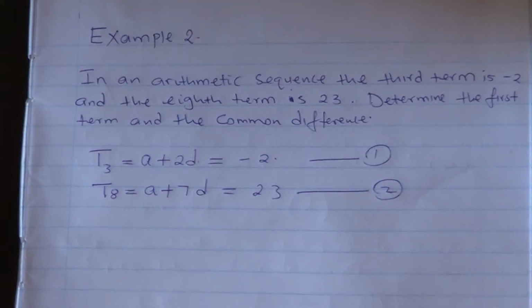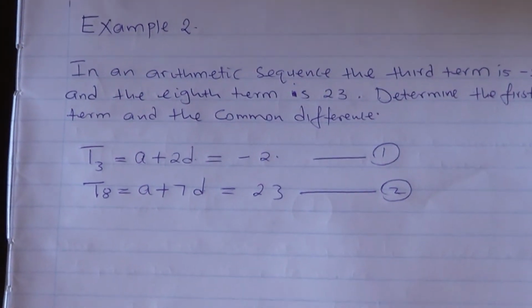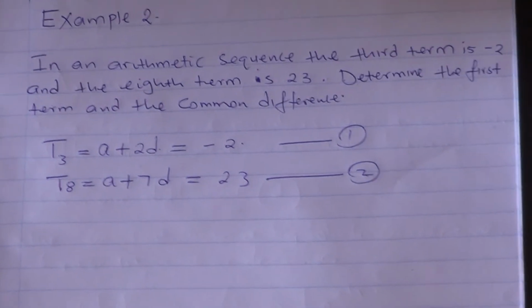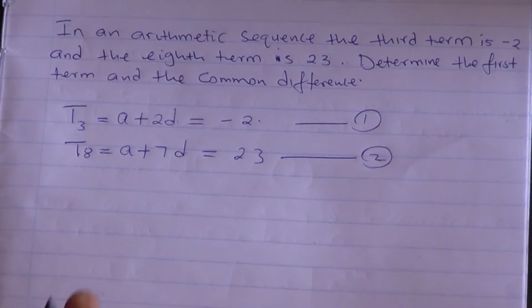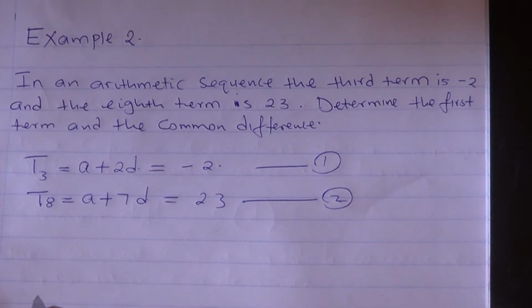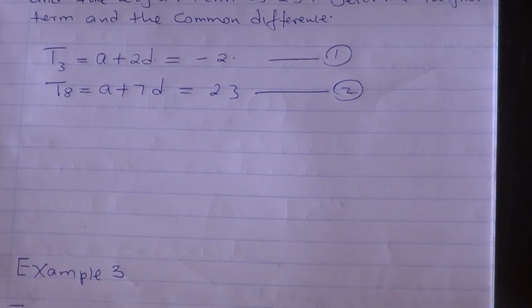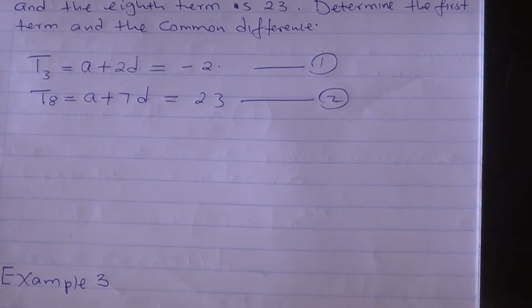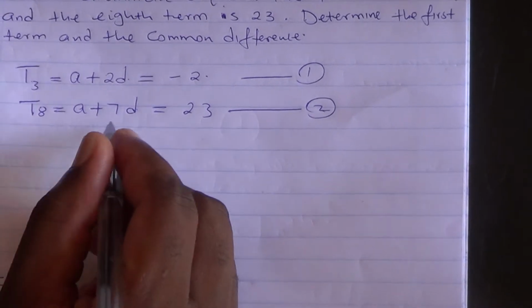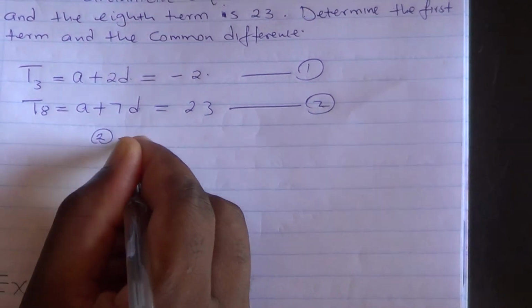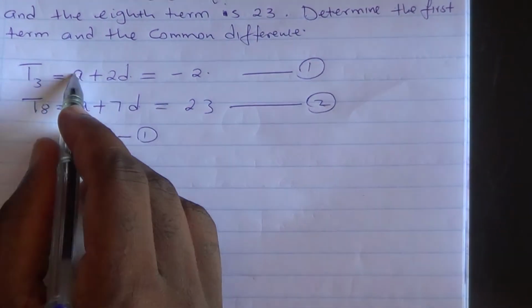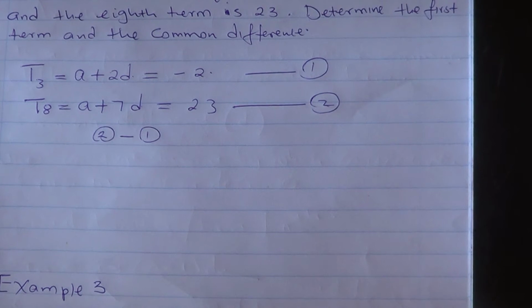Like I said, you can just try before I assist you to answer it. What do we do here? We're going to apply simultaneous equations. We say equation number 2 subtract equation number 1, because I see that this a and a can subtract each other.